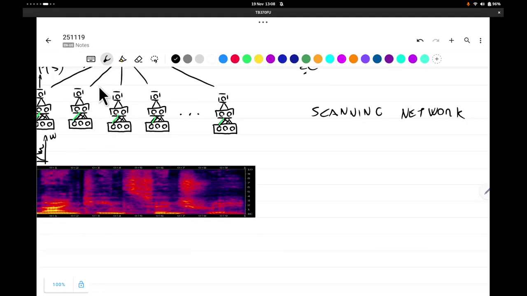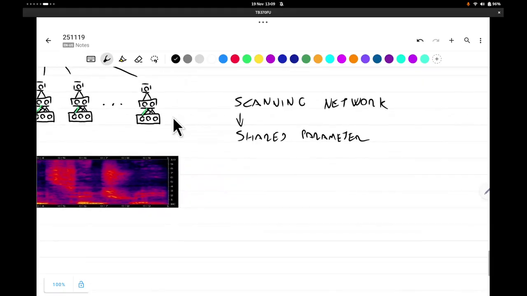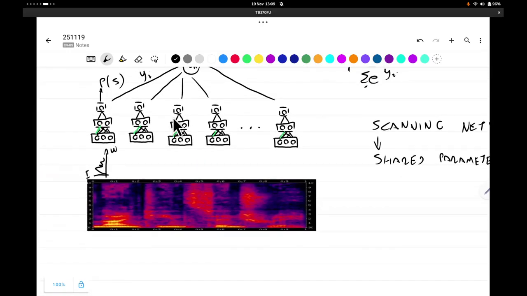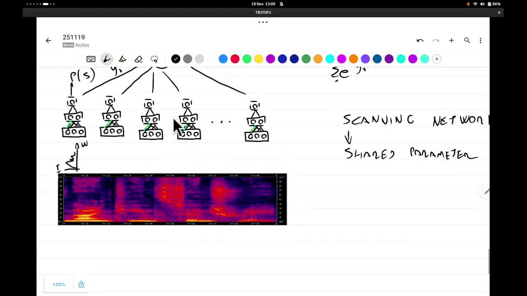There may be only one of these subnets that will see the signal, but if you update the weights because of that event, you update all the weights in all the subnets. So this would be called a shared parameter network. A big term to say that we can think of this scanning network as an overall network, but we impose constraints on the weights.